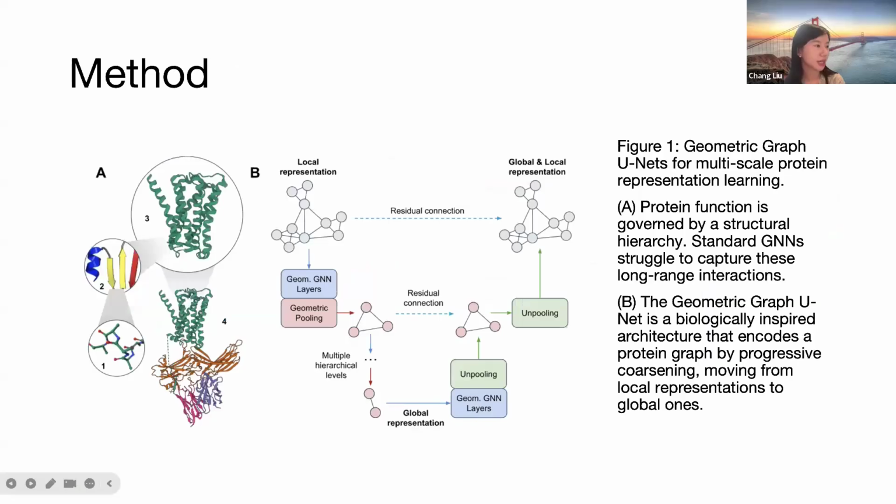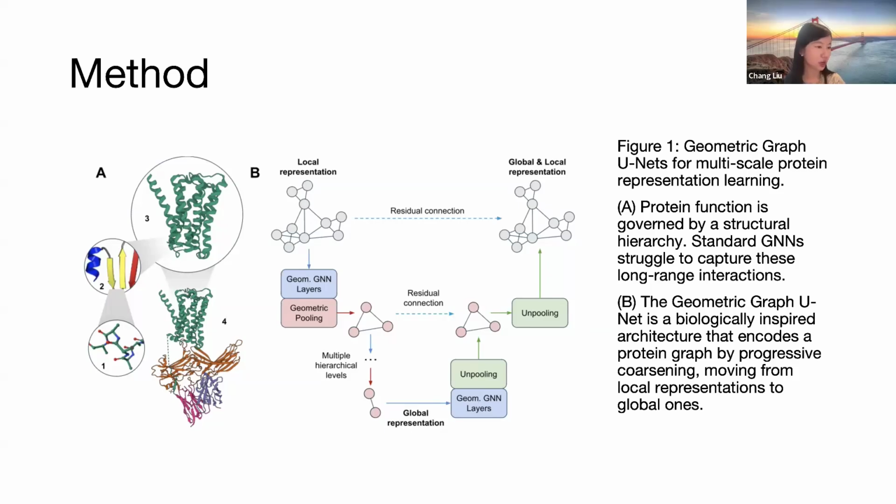Okay, so let's take a detailed look at our model architecture. You can see it is a U-net shape model, which consists of several stages or blocks of pooling and unpooling phases. From this diagram, you can see that it consists of an encoding phase and a decoding phase. As we have mentioned before, protein function is governed by a structural hierarchy.